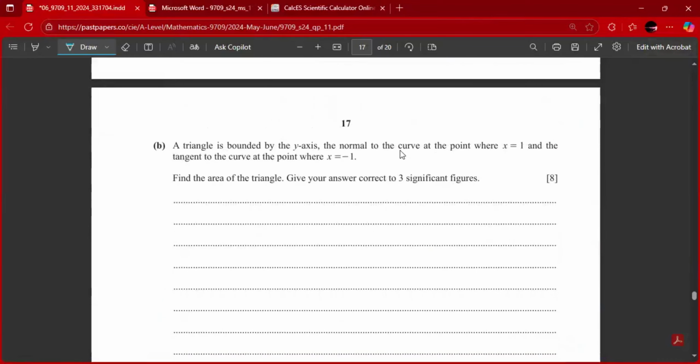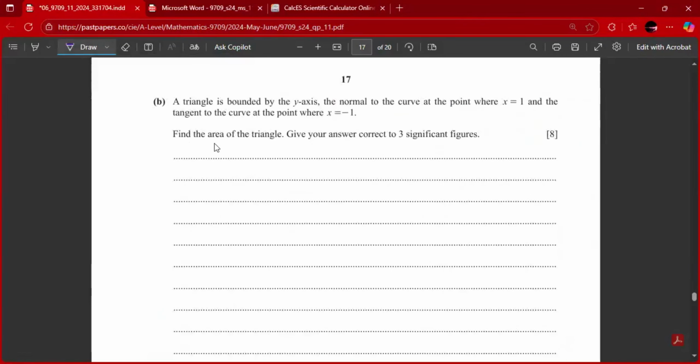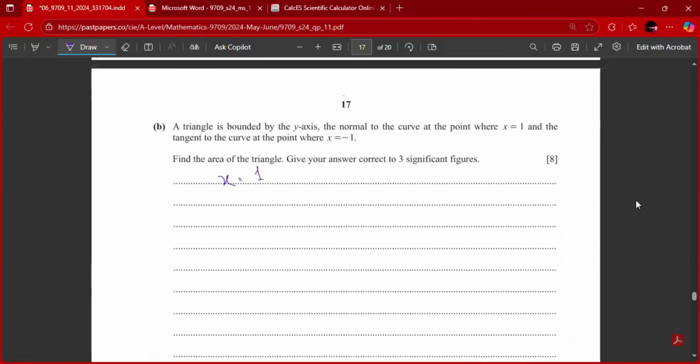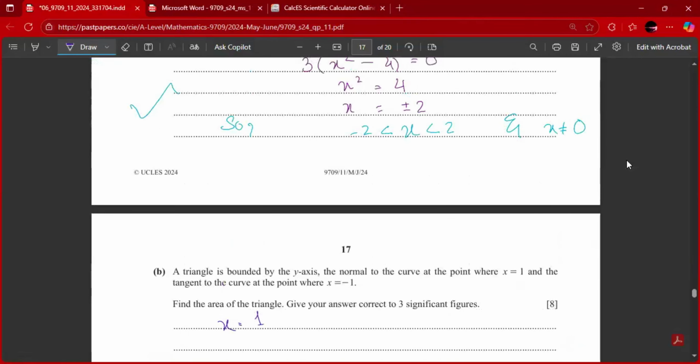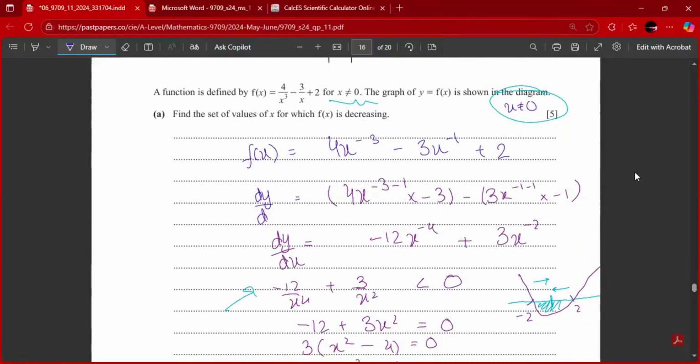So we are supposed to find the normal of the curve when x is equal to 1. To find the normal, x is equal to 1. We don't know the value of y. Let's go to the curve. Can we find the gradient? Yes, we can.